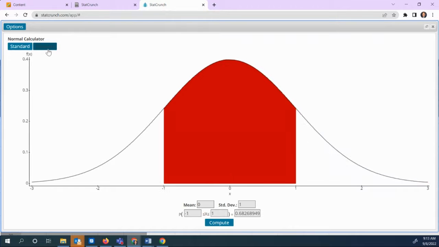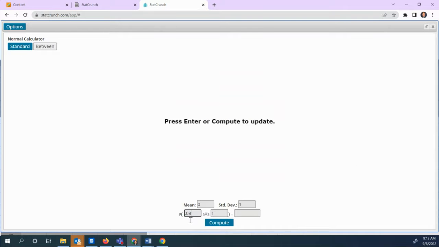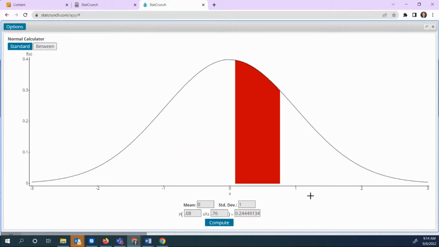Like how about what's between me and Anthony Hopkins? So I could put, he was at 0.08 something, let's give it at that, and I was at 0.76-ish, just to show you. It'll actually find there's about 25% between us. Is that cool? That's interesting. Yeah.